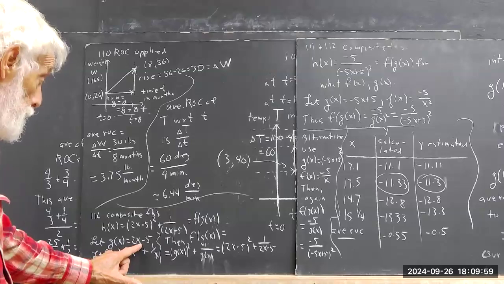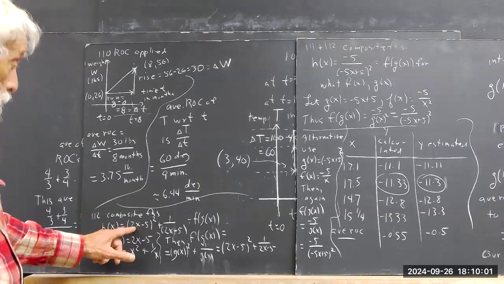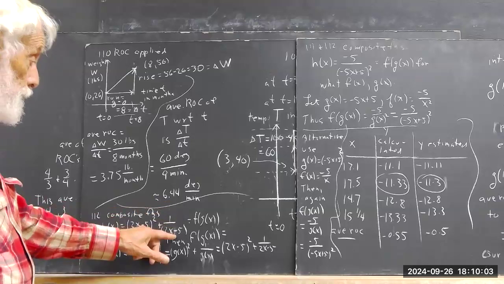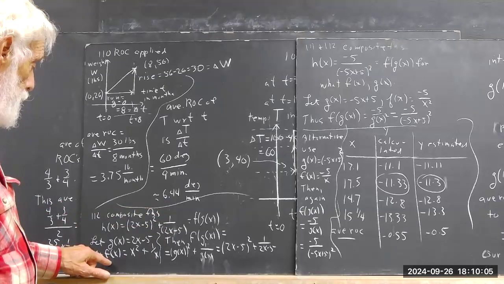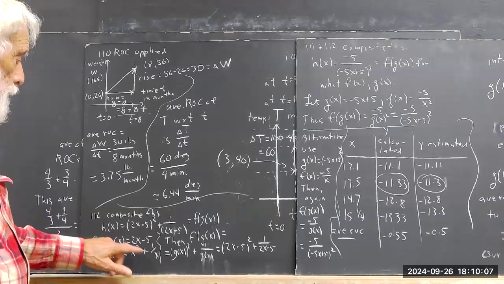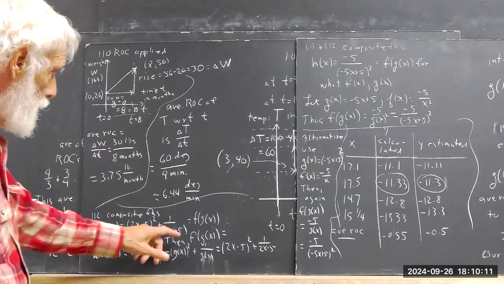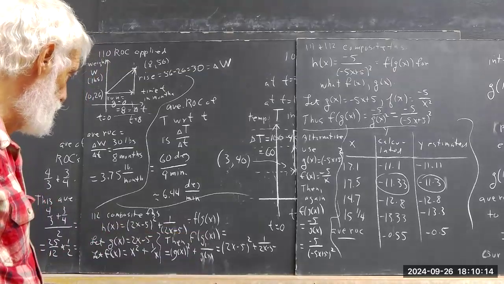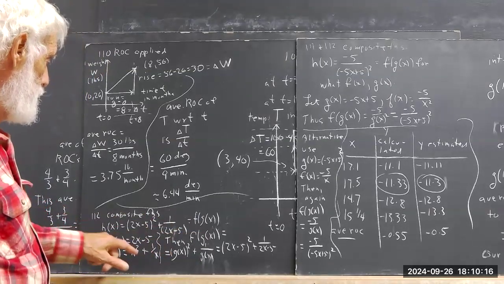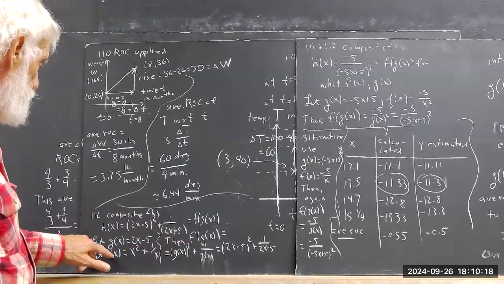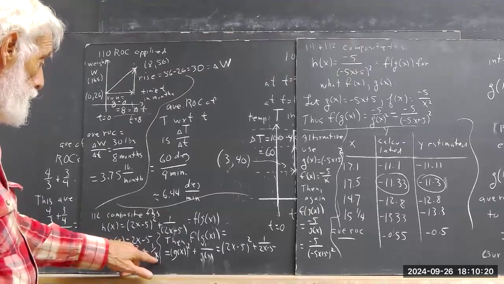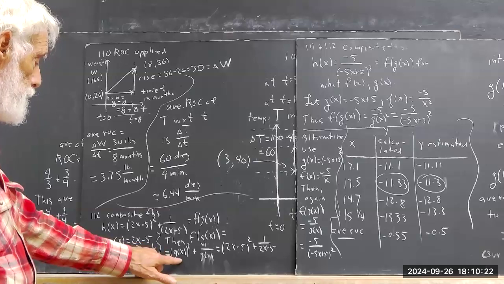Now, what happens to our 2x minus 5? It gets squared. And then to that, you add its reciprocal. So f of x would be the squaring function plus the reciprocal function. In that case, f of g of x is what? You're replacing x with g of x, both here and here. You place it here, you get g of x squared.